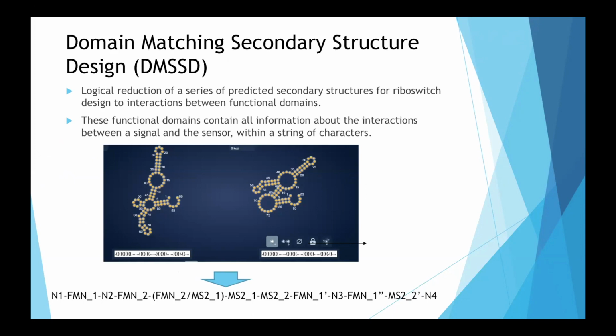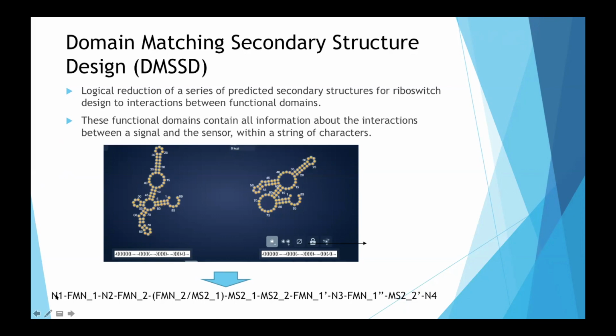And so domain matching secondary structure design, DMSSD, takes the secondary structure of switches and reduces it to essentially a string of characters. In this instance, I have an FMN riboswitch, just two secondary structures that is reduced to a series of functional domains.